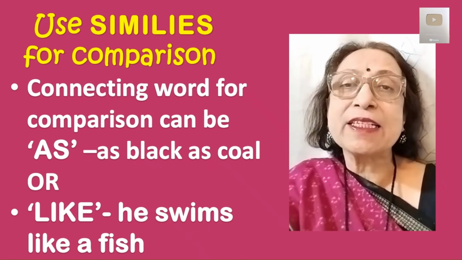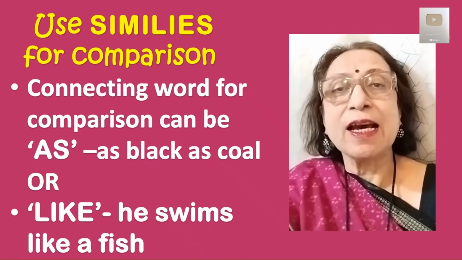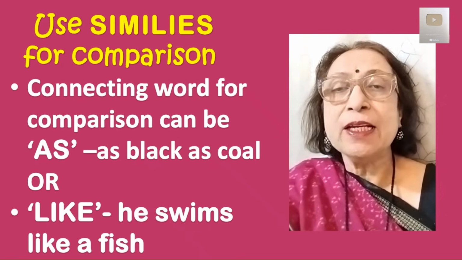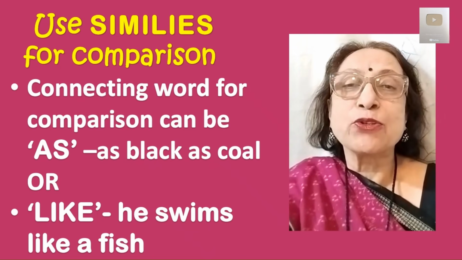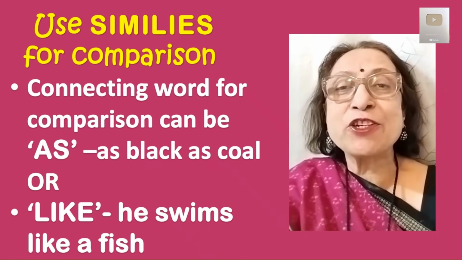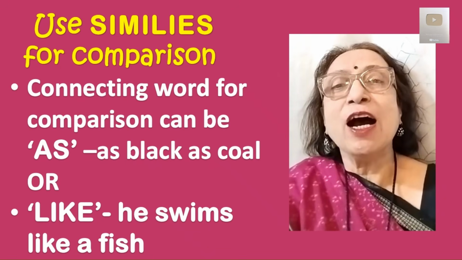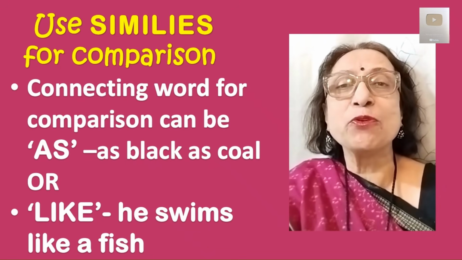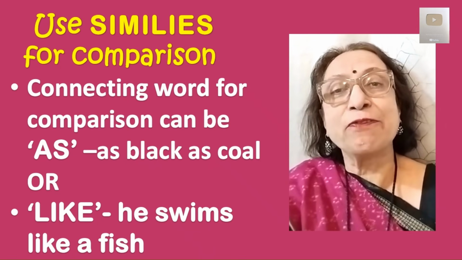I'll give you one example where we are using like. You can say, the winner of the swimming competition swims like a fish. So like a fish is the simile. And this is compared to how fast you can move in water. So the swimmer swims like a fish.